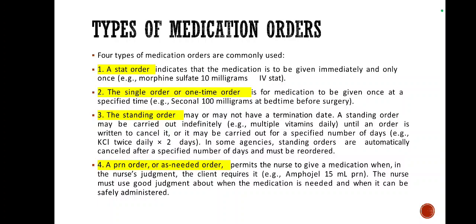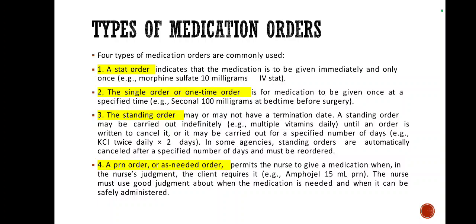And then we have also the PRN order or as needed order. This permits the nurse to give medication when, in the nurse's judgment, the client requires it. Example, giving medication such as antipyretics. So we give it only if the patient experiences hyperthermia or fever.